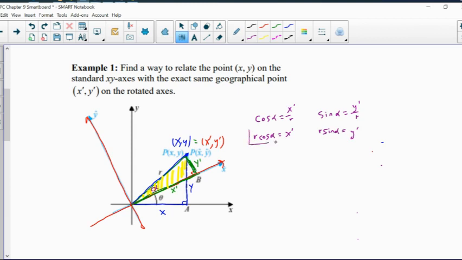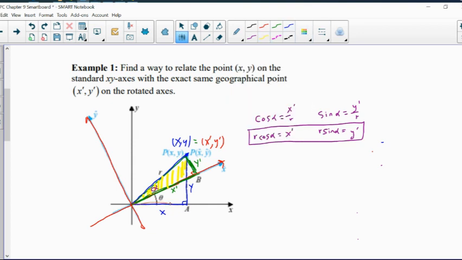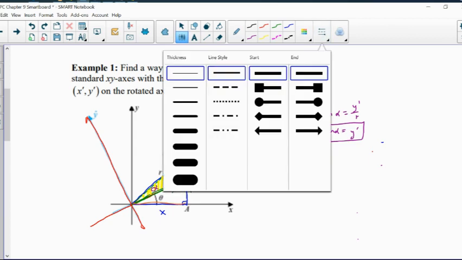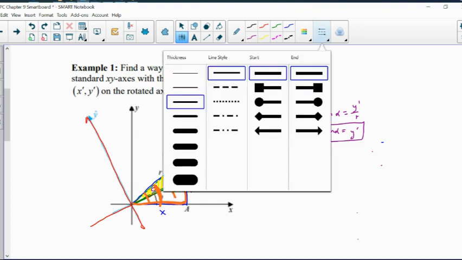So I'm going to keep track of these, and I'm going to do something very similar in the other triangle. So I guess I can go to orange here, maybe, and go a little bit thicker. In this orange triangle, same idea, but now my angle here is theta plus alpha. So let's take a look.